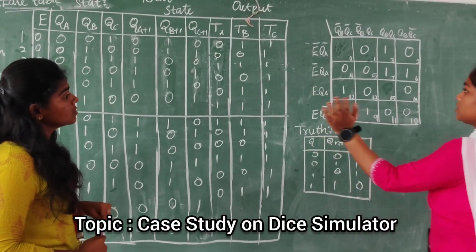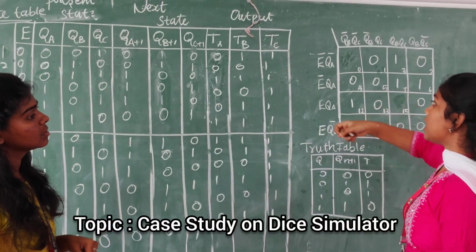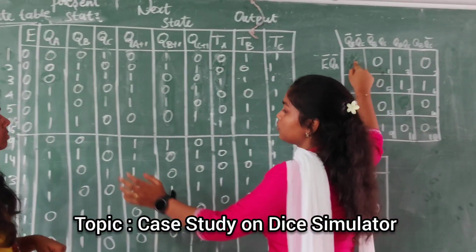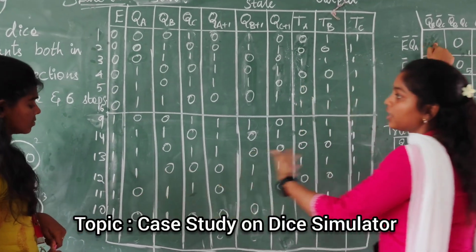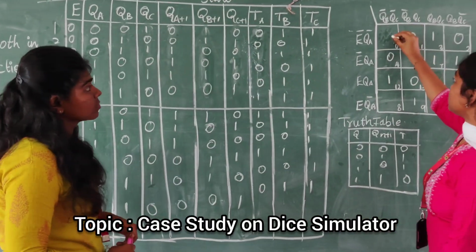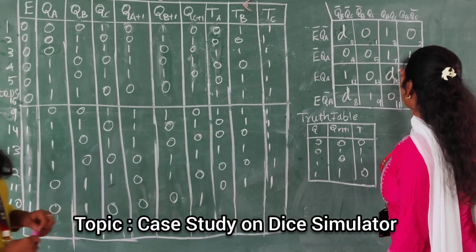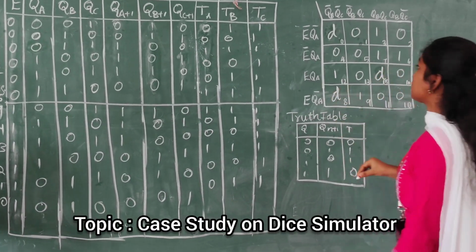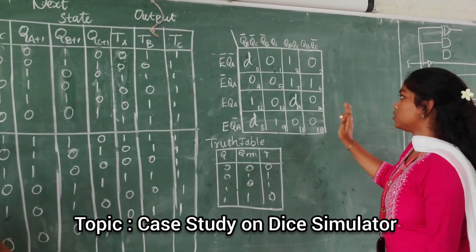As I have told, we substitute all these values: 0, 1, 2 are substituted, and for 15 we have to substitute D. D is don't care, we don't want to take that.